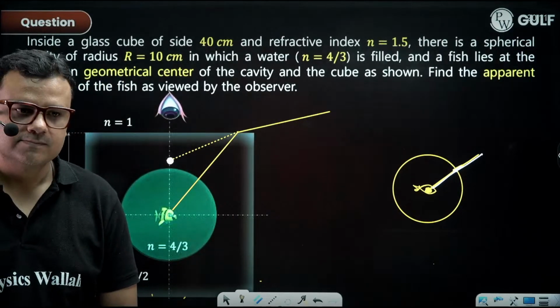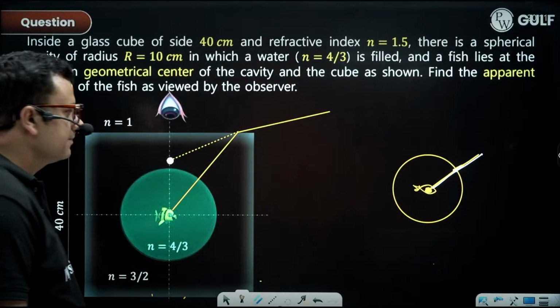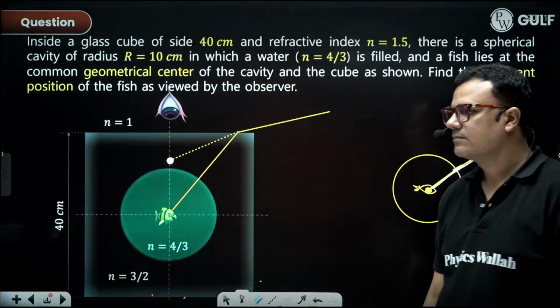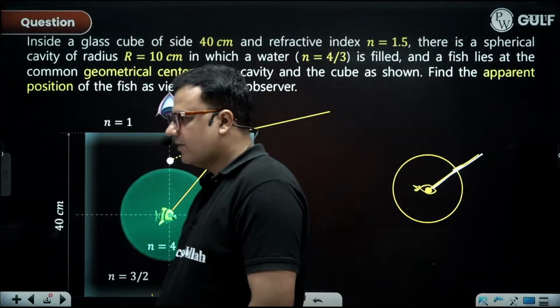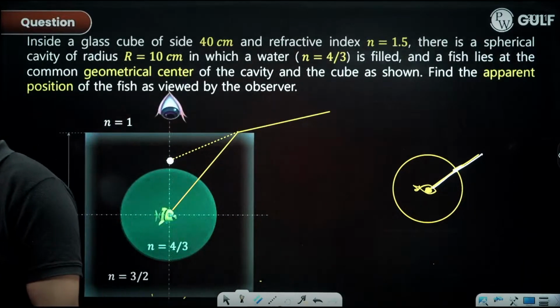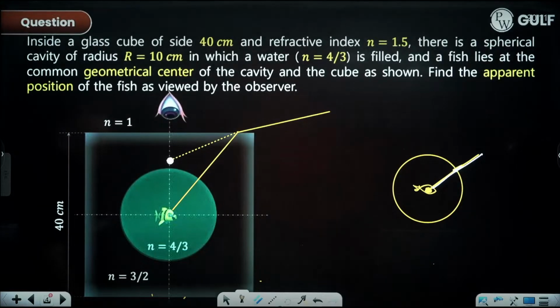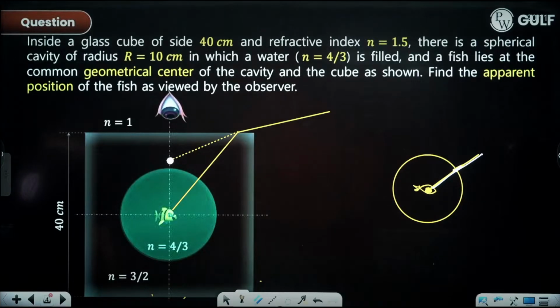Clear, sir. Anyone have any kind of confusion? No, sir, it's clear. Okay. Now can we apply the first refraction approach? My dear friends, can we? Yes, sir. Okay.